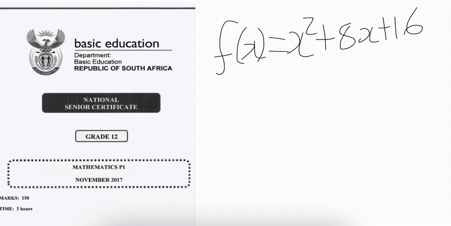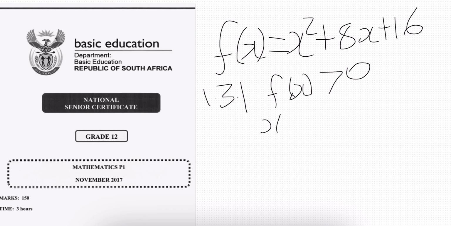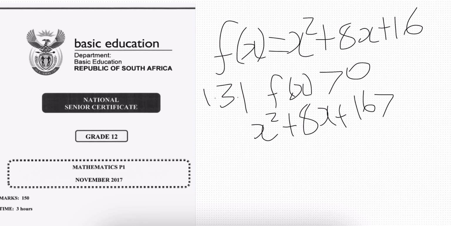So now they're saying this f at x, that's your 1.3.1. They're saying if f at x is greater than 0. So they're literally saying x squared plus 8x plus 16 should be greater than 0.